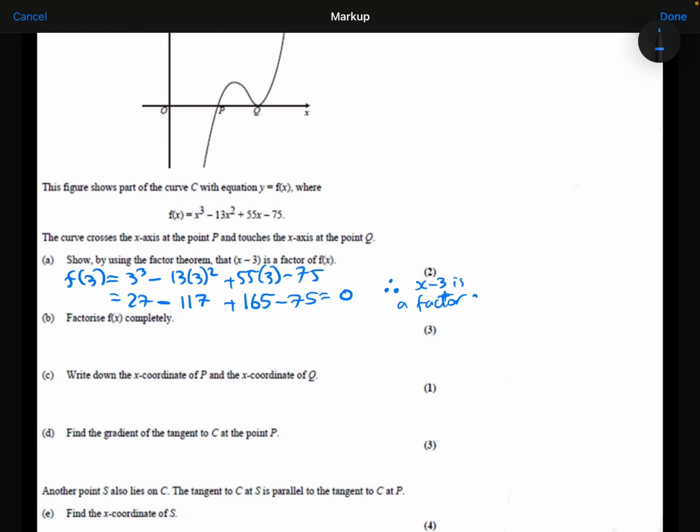Part B, factorise f of x completely. Well, now I know that x minus 3 is a factor, I can divide my f of x by x minus 3 to work out the other factor, or factors.